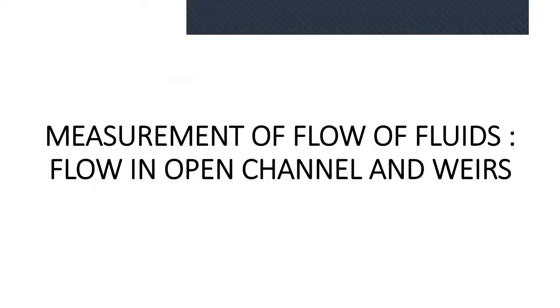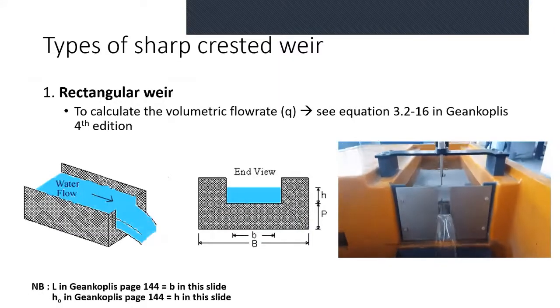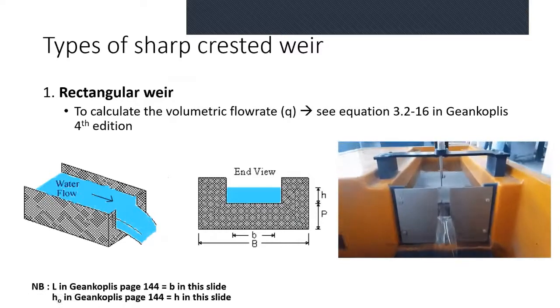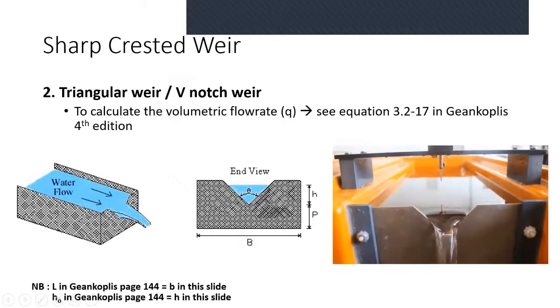Another topic is flow in an open channel and weirs. We have a lot of figures here, and these are the types of weir: the rectangular weir or the triangular weir.